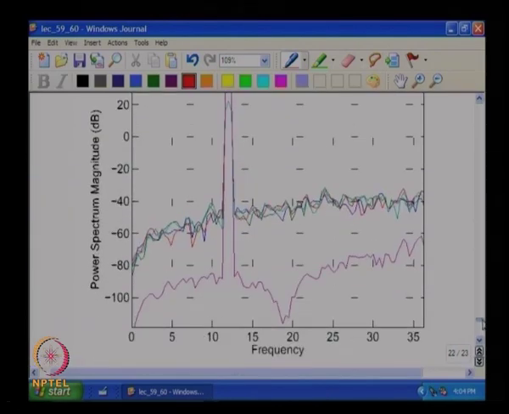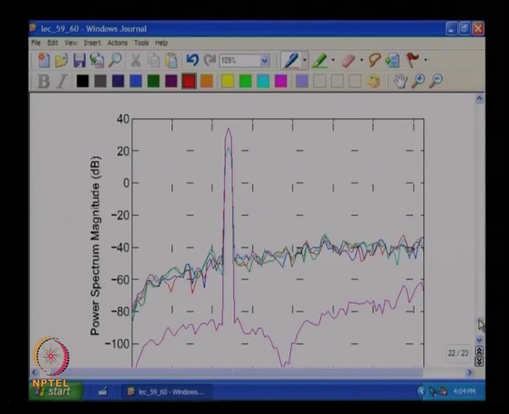Finally, to look at the drive waveforms of the individual elements in the DWA algorithm, you see that this is the ideal spectrum, and these are the spectra of the individual drive waveforms, and it is indeed first order noise shaped.